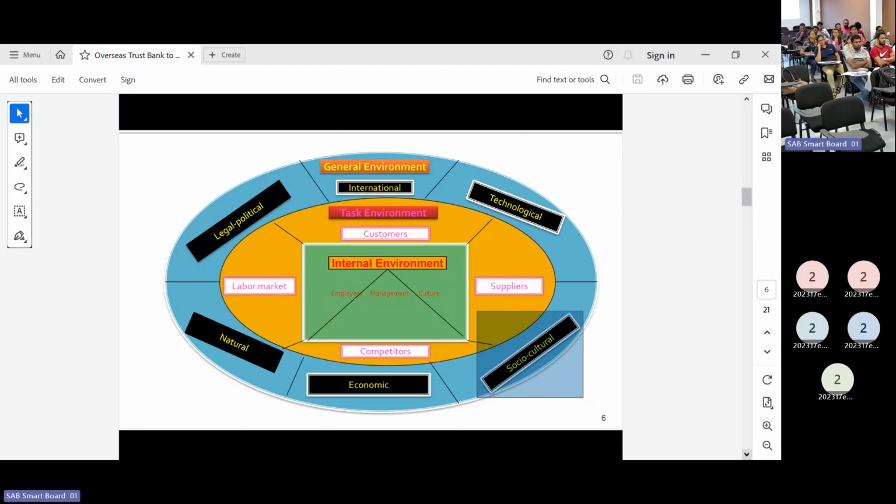Any questions or clarifications about the diagram? These are simple things, but consider these keywords.